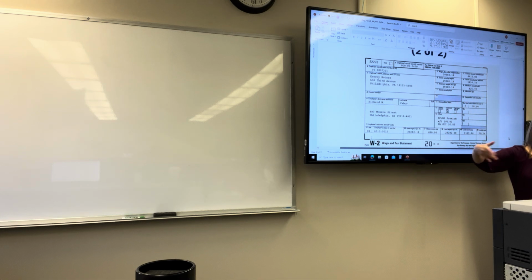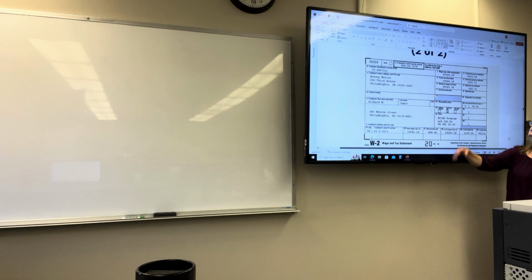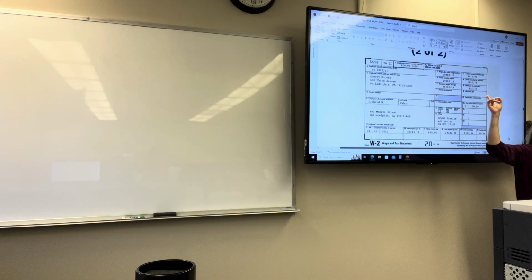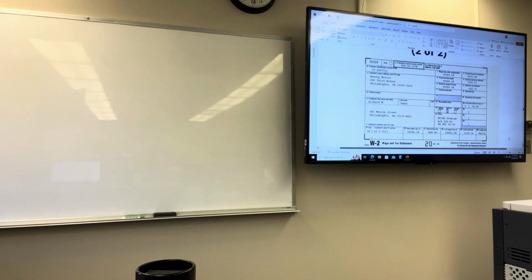In 2024, each year that's going to change with the wage base. But if they received $200,000 of wages, then box 1 is going to show $200,000, while box 3 is going to show $160,200, right?